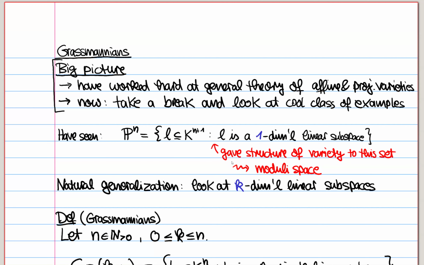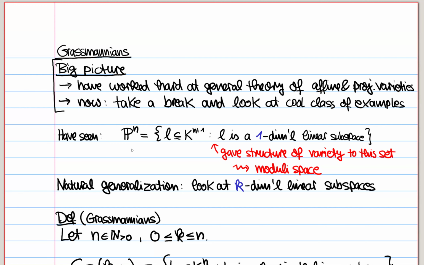This is more generally an example of what is called a moduli space. We start with some set of geometric objects, in this case, one-dimensional linear subspaces of a given vector space. And then we endow this with extra structure, in this case, the structure of an algebraic variety. And this is what we're also going to do in this chapter.